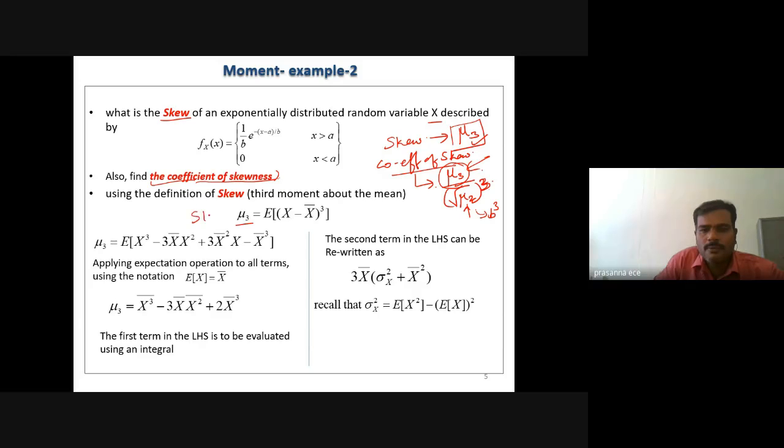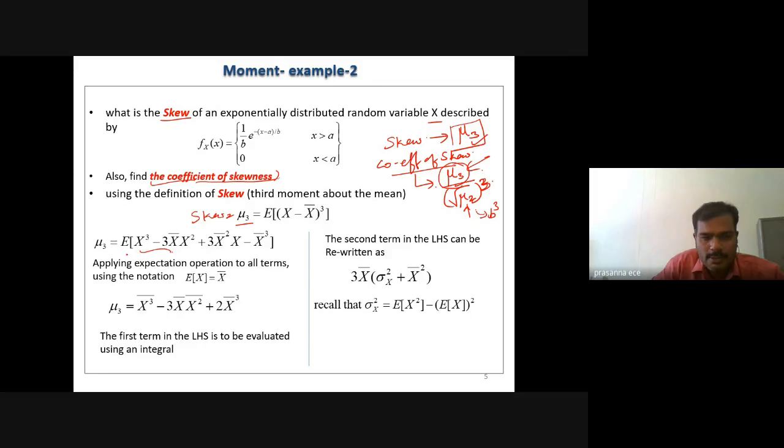Skew, which is equal to mu3, is the expectation of x minus x bar the whole cube. What I'm doing here is expanding it using the a minus b the whole cube formula inside the bracket. Now I apply the expectation operation to each of the terms inside this bracket. E of x equals x bar.